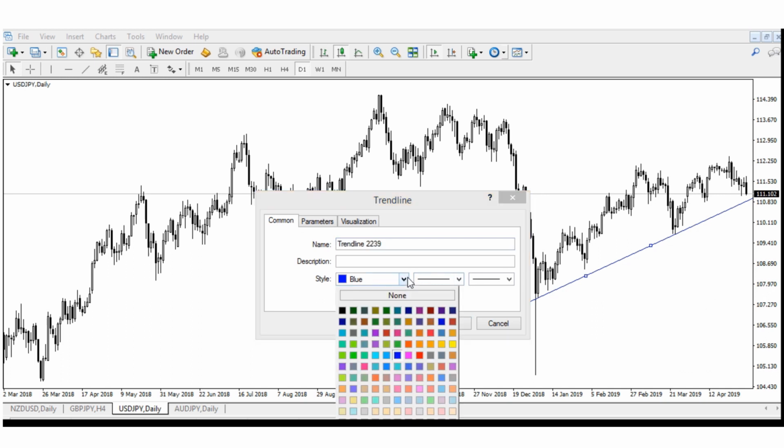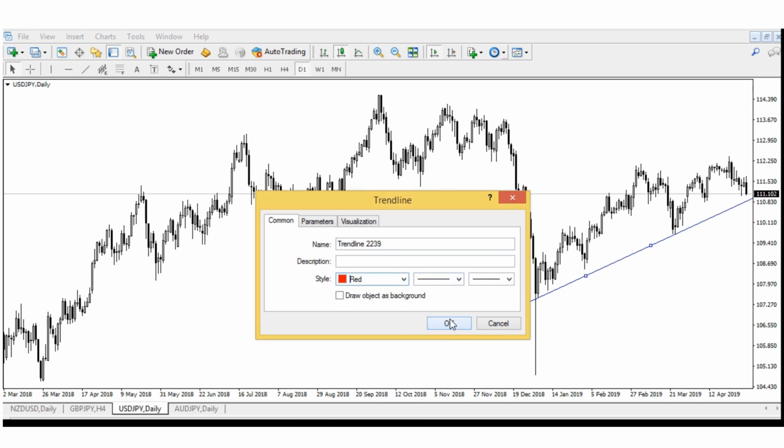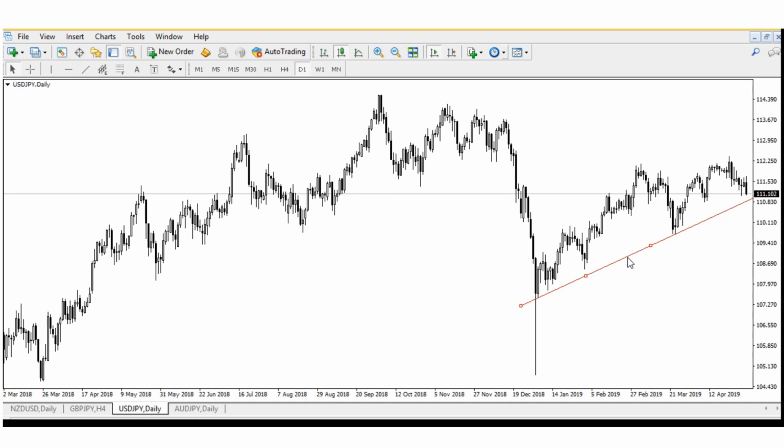This trend line is acting as support. So let's change the color to red. And then comes resistance. Ever since price found resistance here, it has been trending lower.